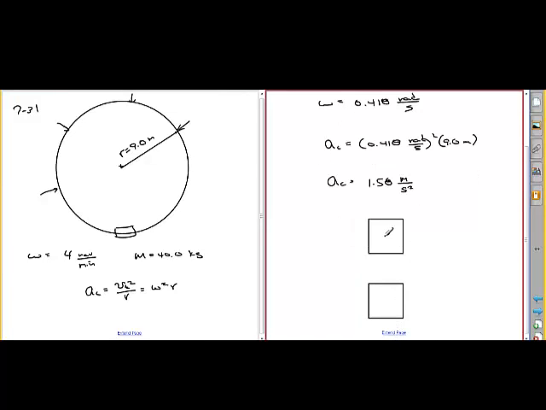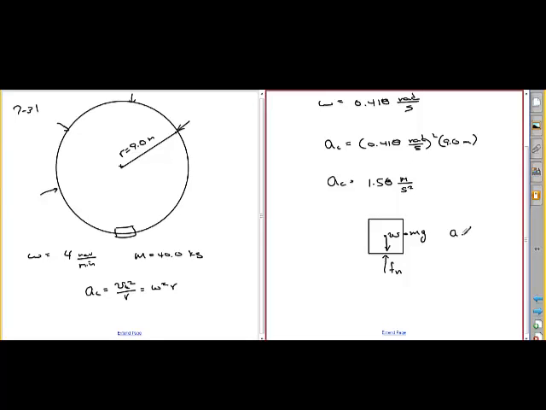So what you're going to have is a force. This is the normal force, which is the force of the seat on the child. You're going to have the weight, which is going in this direction. That's a non-contact force, and that's equal to the child's mass times the acceleration due to gravity.